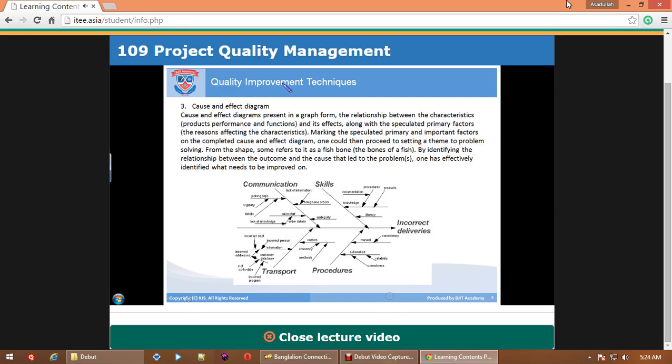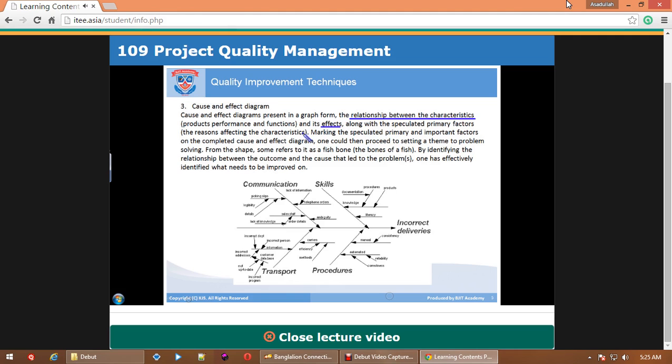Another quality improvement technique is the cause and effect diagram. In this diagram, we show the relationship between the characteristics and its effects along with the speculated primary factors. Characteristics means here the product's performance and functions.